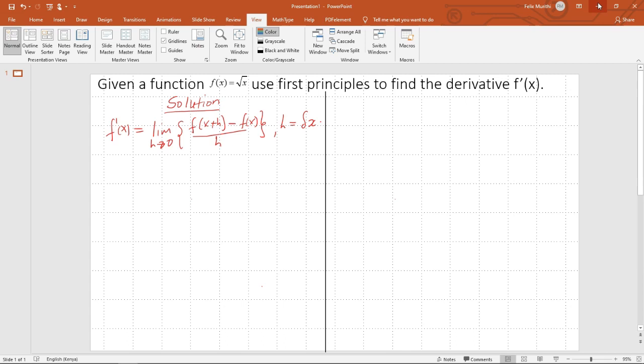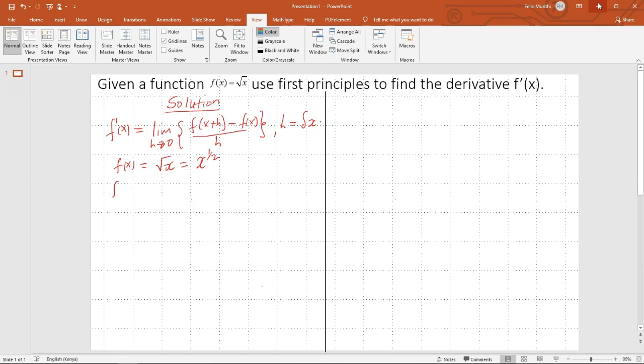Okay, so we are given f of x to be equal to square root of x, which can be written as x power half. So what else do we need in order to have everything that we need in this formula?